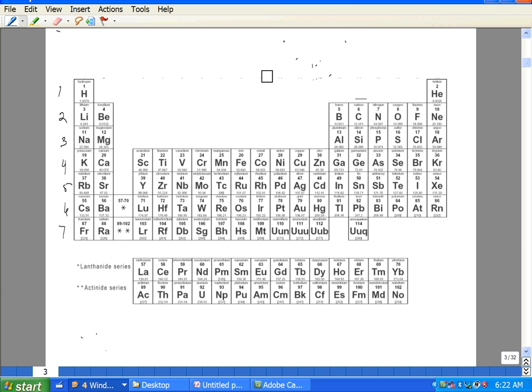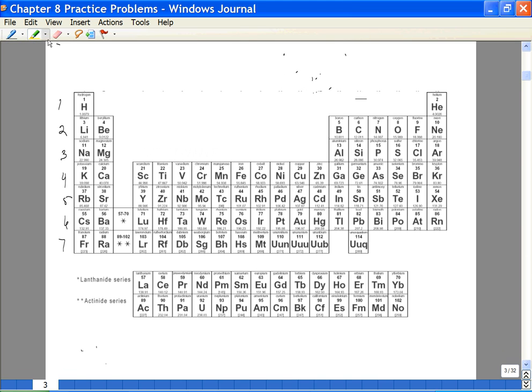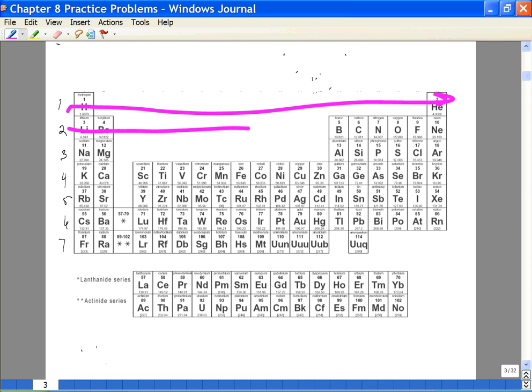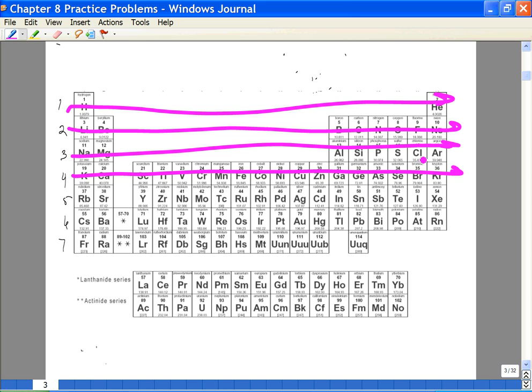So we can also look at our periodic table, and when we go across, this is our first energy shell, this is our second energy shell, this is our third energy shell, etc., etc. And we can do our orbital diagram or electron configuration that way.